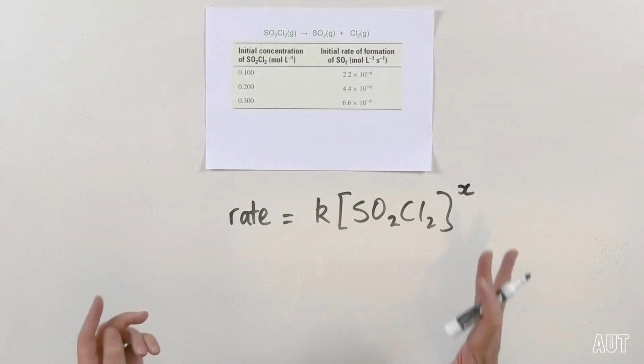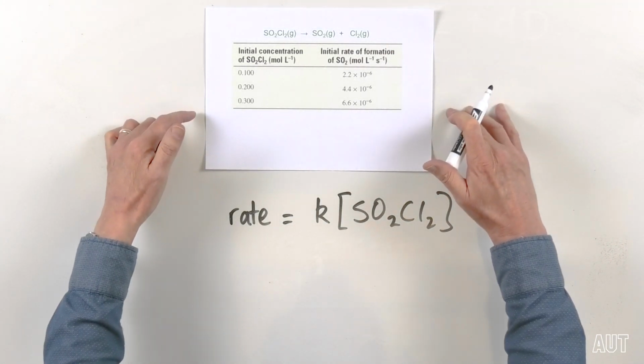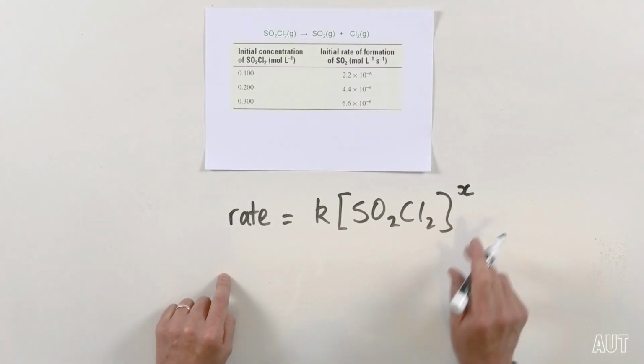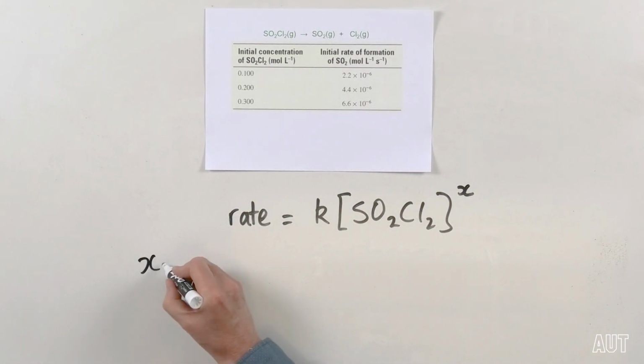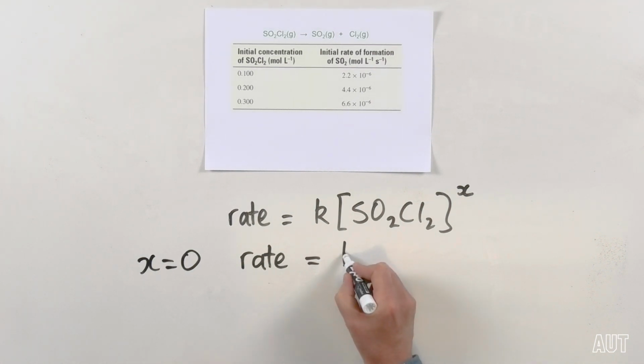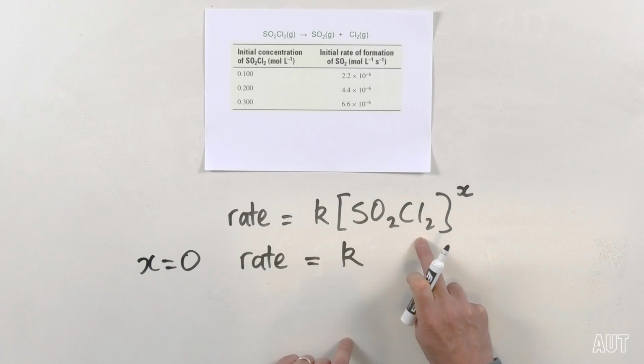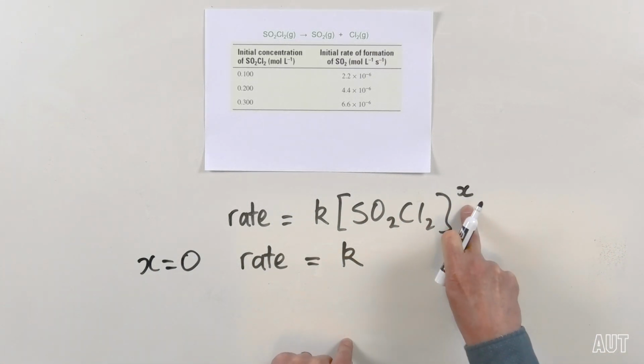So let's have a look at those three possibilities and see how they compare with the data we've got. Let's assume that x equals 0. Then the rate of the reaction is equal to k itself, because anything to the power of 0 is equal to 1.